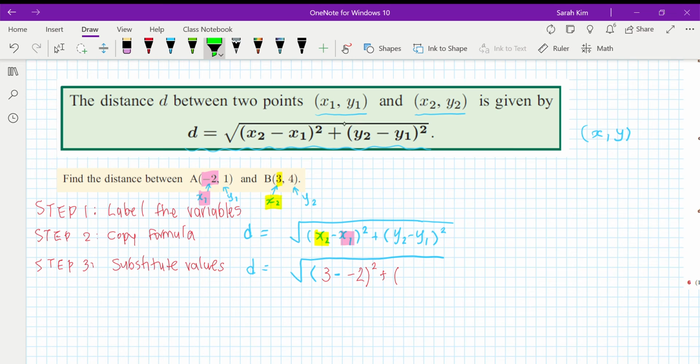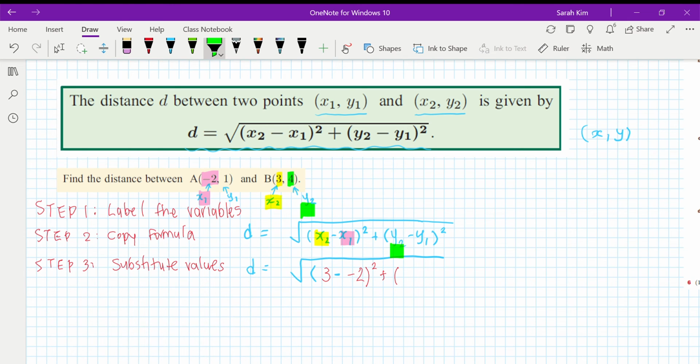Let's do green. My y2 is what I want to write there, which is this one over here. Let me just highlight it underneath so it's a little bit easier to see.